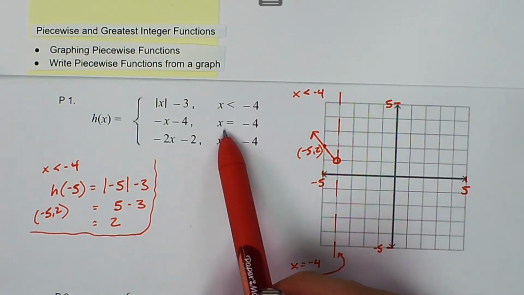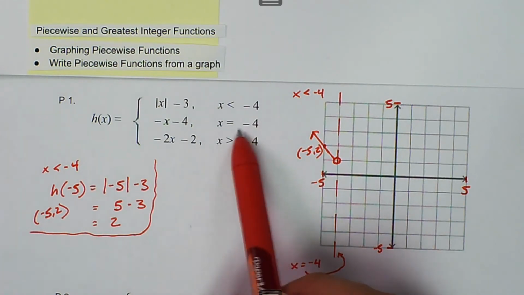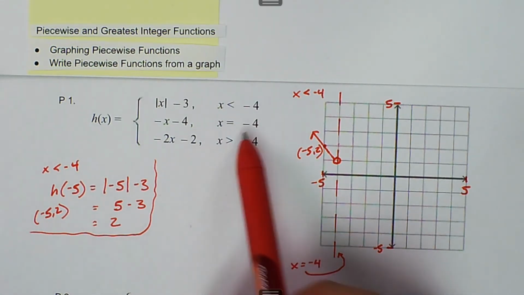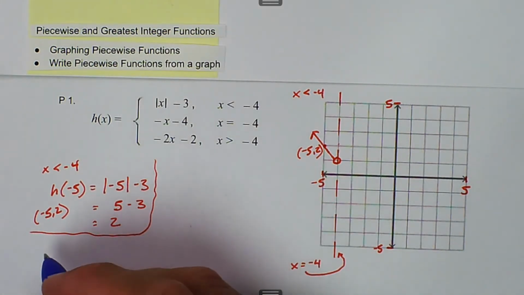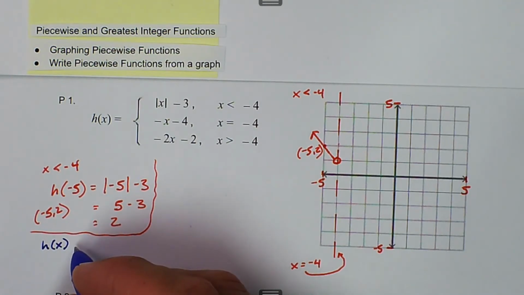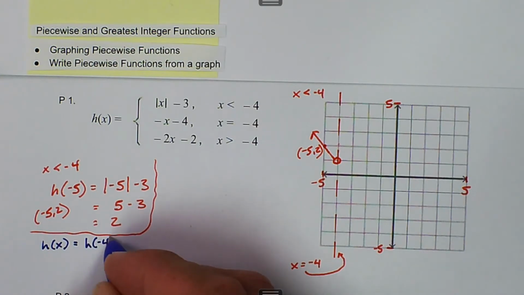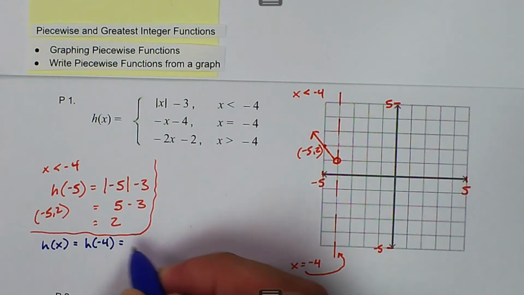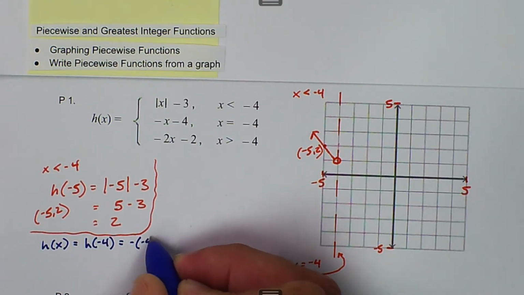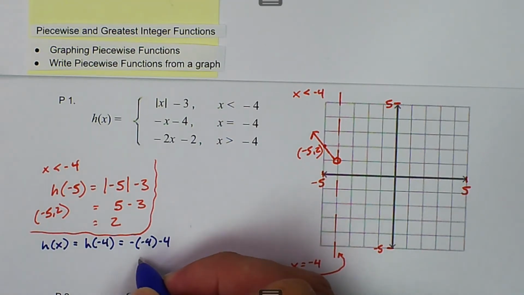The next one that we can look at is, for the restriction on the domain, it says only when x is equal to -4. So we can substitute that value in, and we can say h of x, in this case, we're talking about h of -4 because it's only when it's equal to -4. And that is going to be equal to negative multiplied by -4 minus 4.